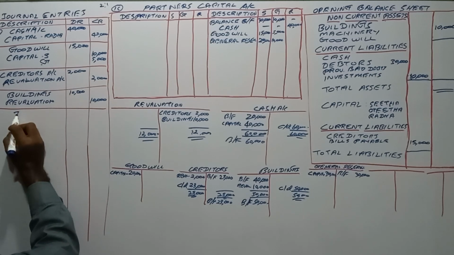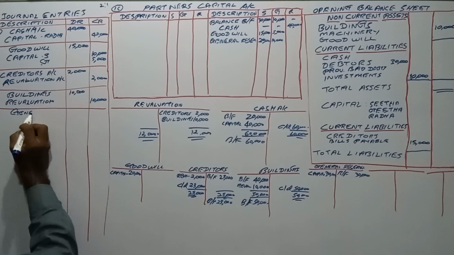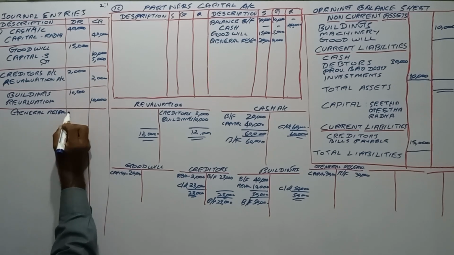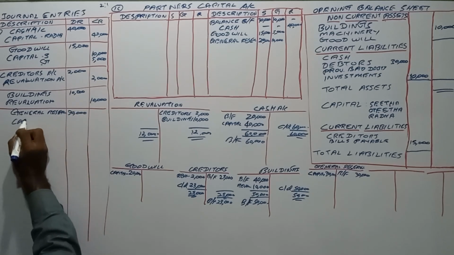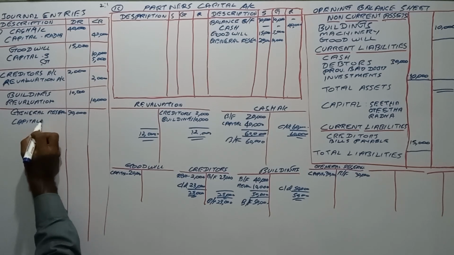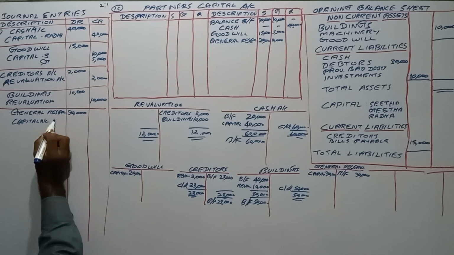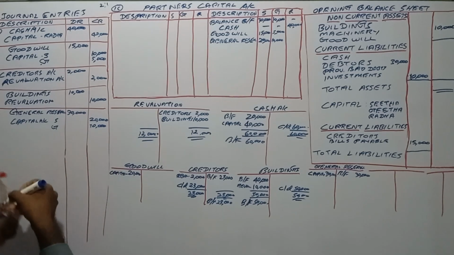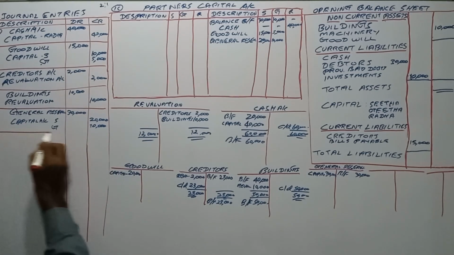General reserve account debit 30,000, capital account SNG: how much? 20,000 and 10,000. 2 is to 1 now. So that is also complete.